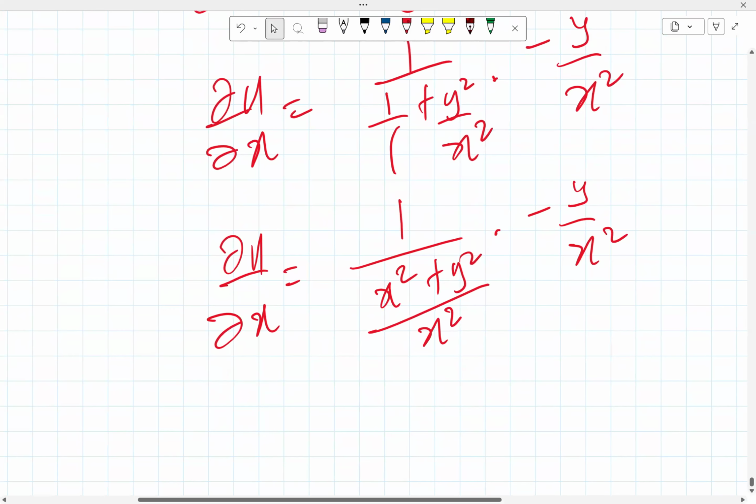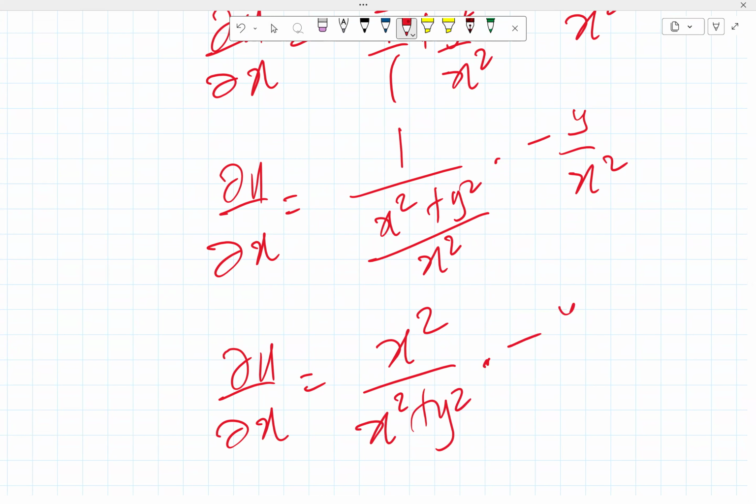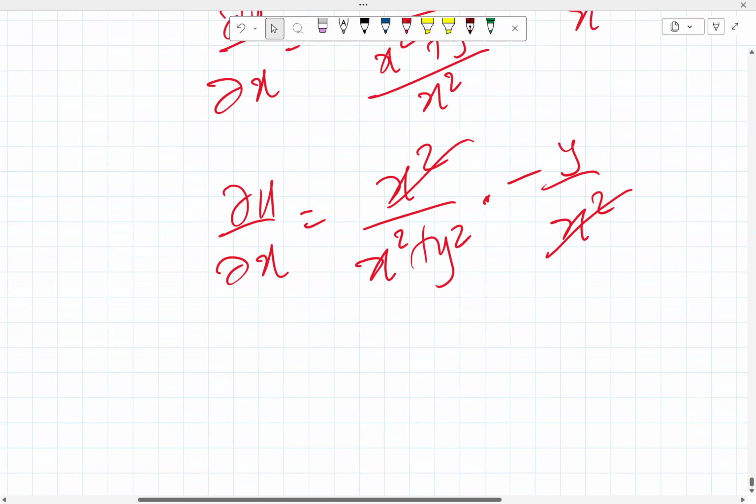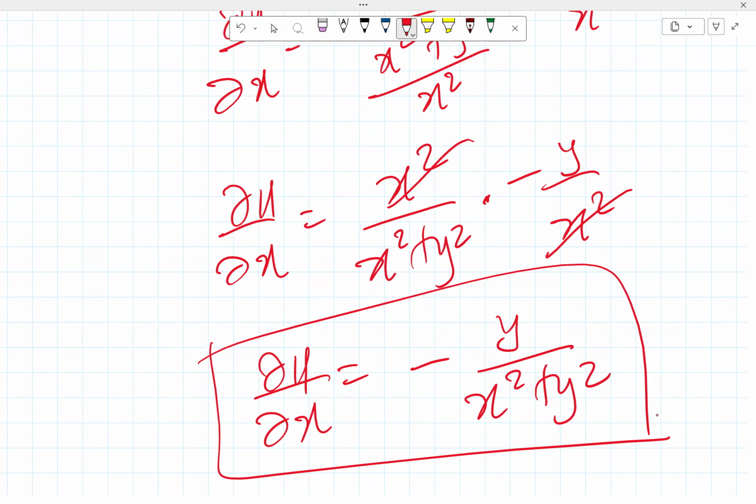So this x squared can go up. So you have x squared over x squared plus y squared times minus y over x squared. So this cancels out. So partial u partial x is simply minus y over x squared plus y squared, which is one of the things we need.